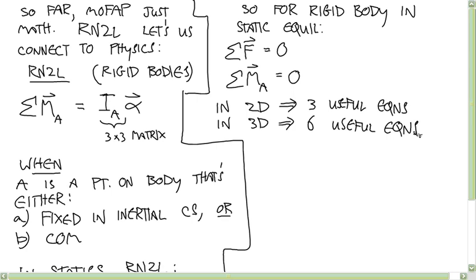For example, the easiest one is a fixed joint. Say you have a cantilevered plate coming out of a wall, and you apply some force to it and you want to figure out the reactions between this cantilevered plate and the wall.